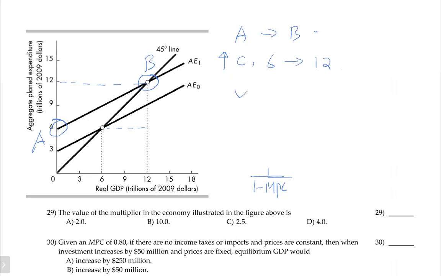And then disposable income changes from what? From 0 to 12. And then you can easily find out MPC equals 12 minus 6 over 12 minus 0 equals 0.5. And then multiplier equals 2. Okay, so answer is A.